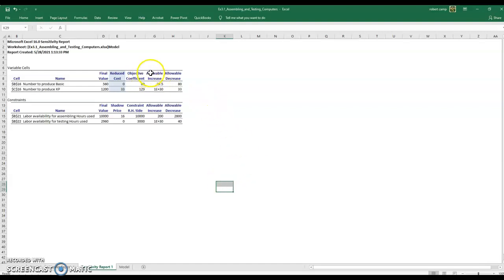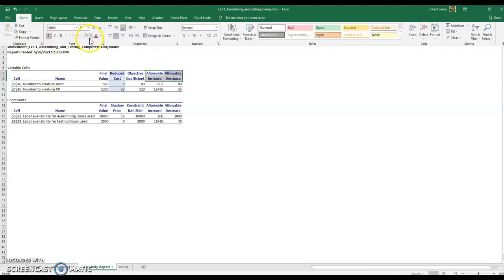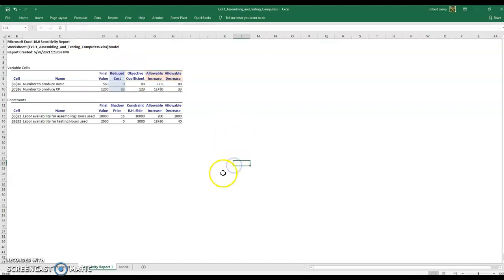And this kind of gets into this allowable increase and allowable decrease item here. And so that is talking about where things are going to change. Now, as you can see, allowable decrease, $33. Once we decrease that, the optimal solution will change on the XP.